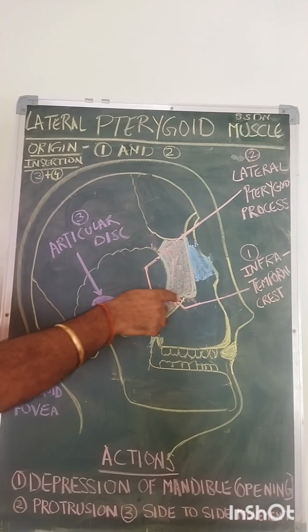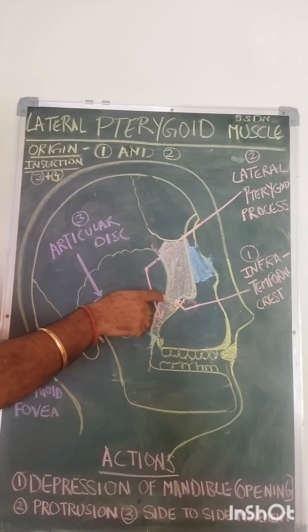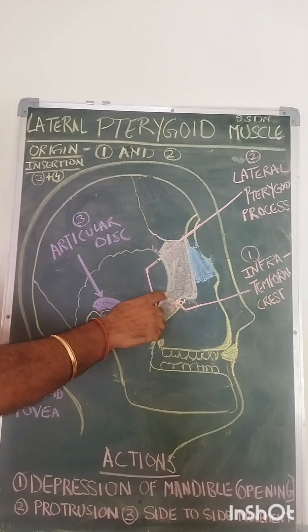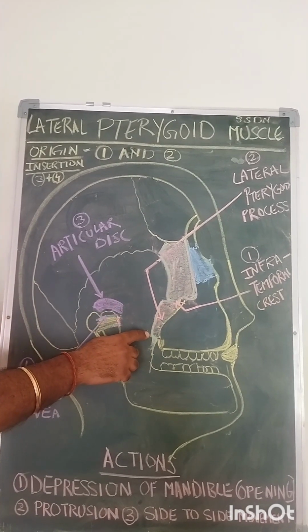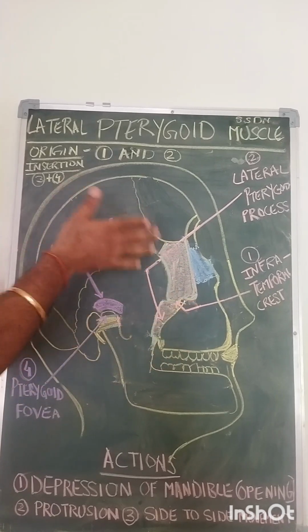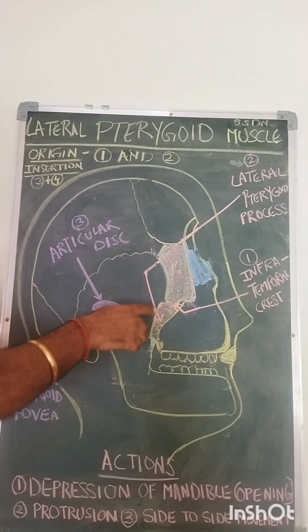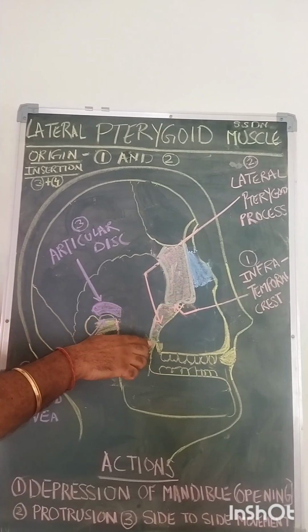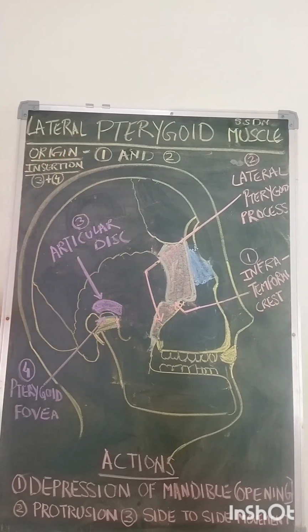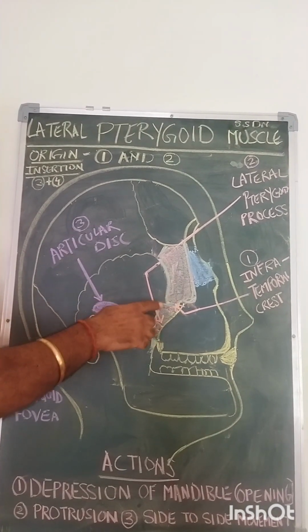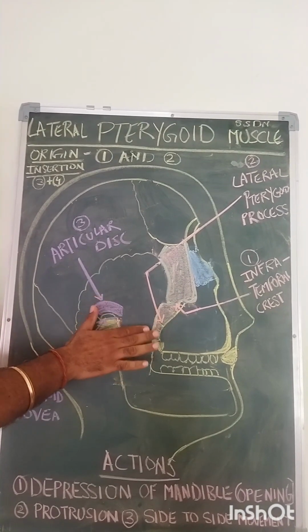So this is infratemporal surface, and these elevations are infratemporal crest. And beside the maxillary bone, you also see lateral pterygoid plate. So in the side of the face, we see sphenoid bone, infratemporal surface, and the crest, and the lateral pterygoid plate or the process. This muscle, lateral pterygoid muscle, arise from infratemporal crest and the surface, as well as lateral surface of lateral pterygoid plate.